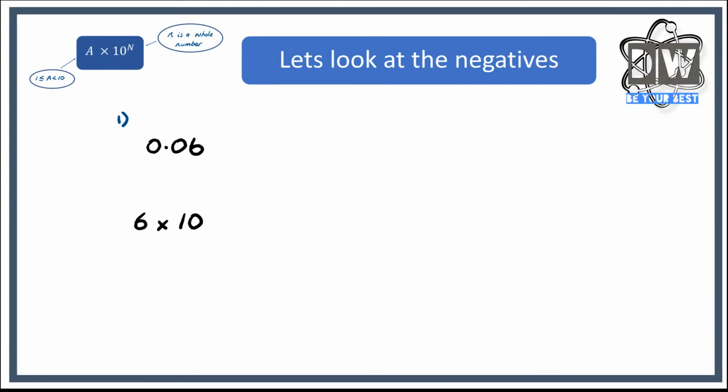Now, this is the negative, so our answers are going to be negative. What I want you to have a look at here is that I'm taking this number, which is 6, and I'm going to make it into this number, which is 0.06. So in reality, this decimal place has moved 2 spots to the right.